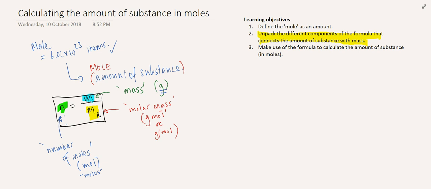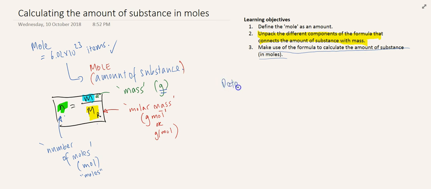Okay. So a routine question relating to this formula. Now we're moving on to the third learning objective, that is making use of this formula to calculate the amount of substance in moles of a variety of compounds, so of substances. So let's say a question is asking us to determine the number of moles.